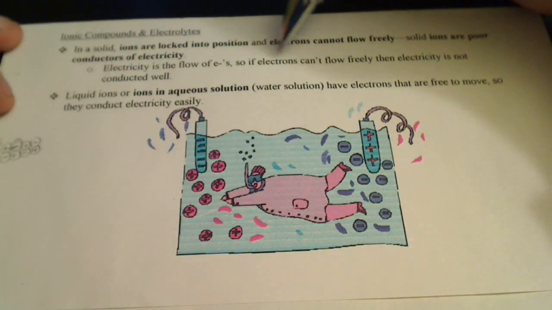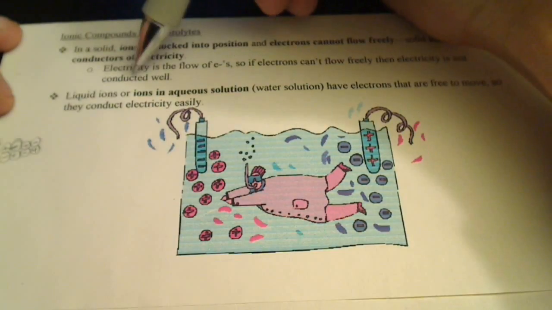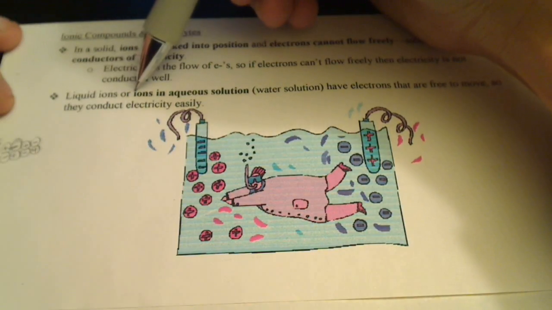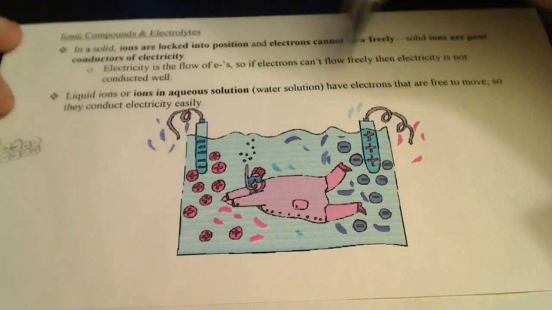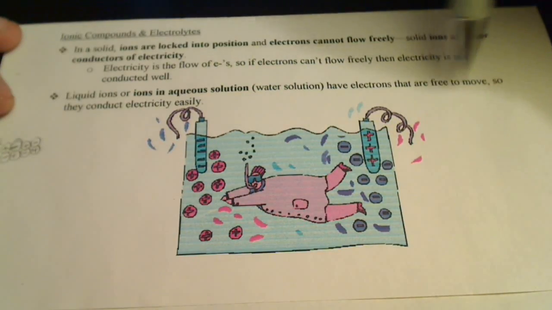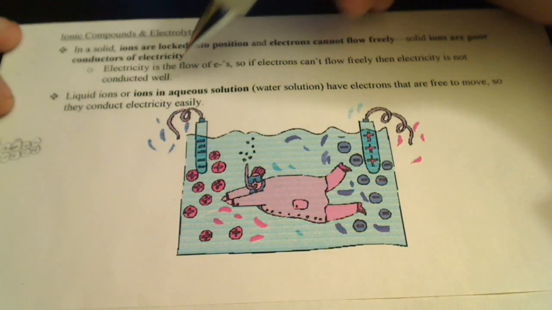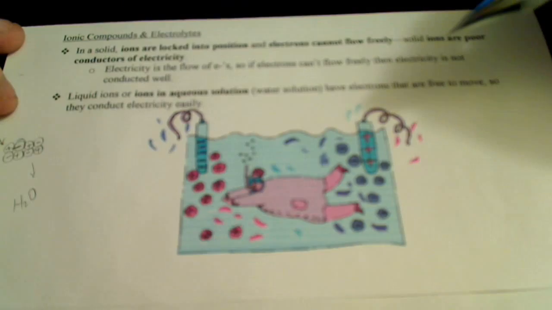Electricity is the flow of electrons, so if electrons can't flow freely, then electricity is not conducted well. Liquid ions, or ions in aqueous solution, aqueous referring to water, have electrons that are free to move, so they conduct electricity easily. So what happens is that if I take the salt and put it into water, what the water does is it separates it.